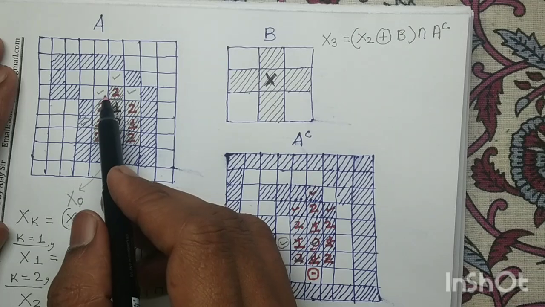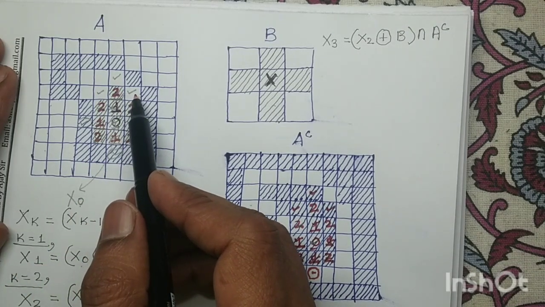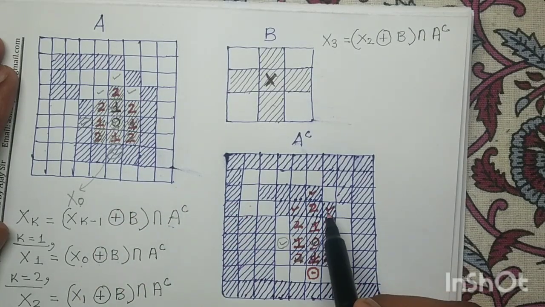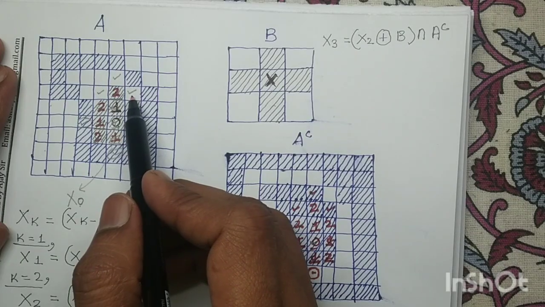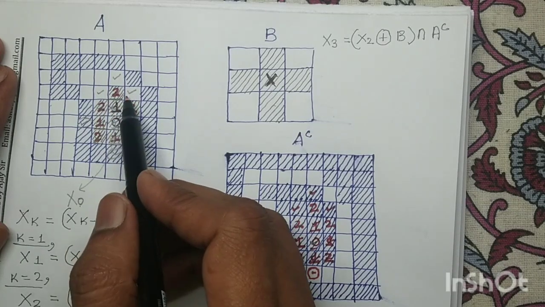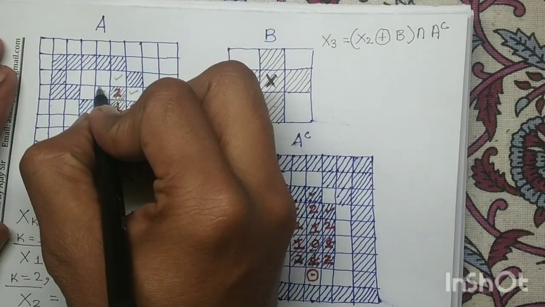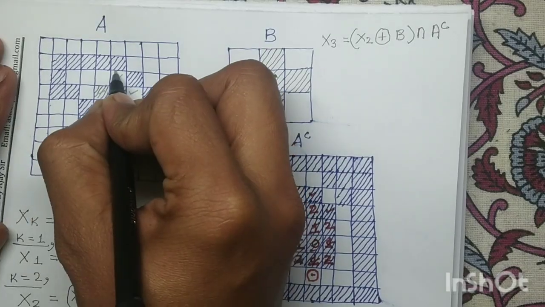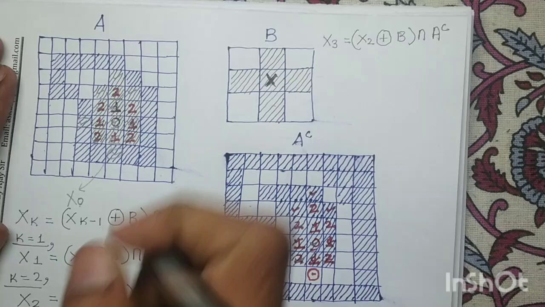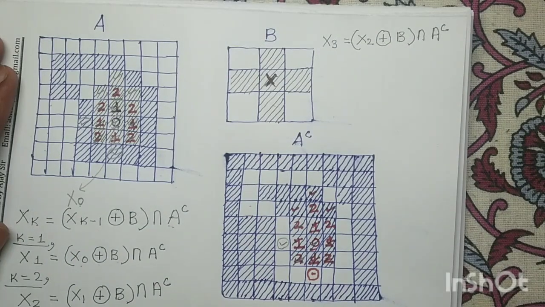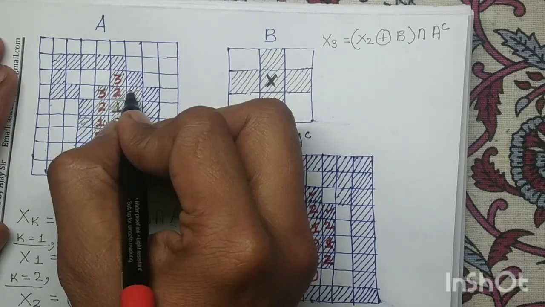Among these 4 pixels, these 3 pixels become logic 1 after performing the dilation operation, and in A complement these are at logic level 1, and hence these 3 pixels satisfy the intersection condition. So all these 3 pixels will be part of my third iteration output. Let me mark these pixels. Since these are part of my third iteration output x3, in the image I will represent them with 3.